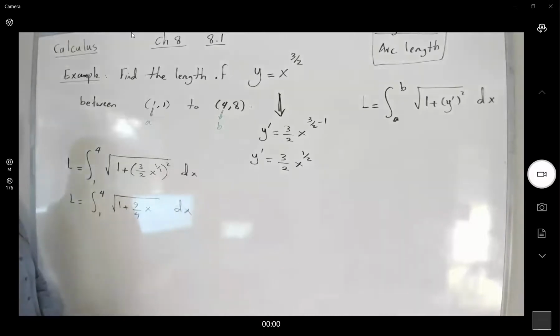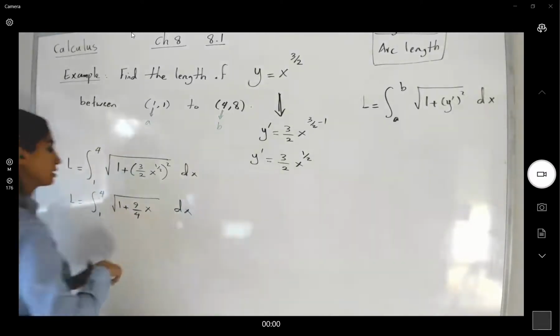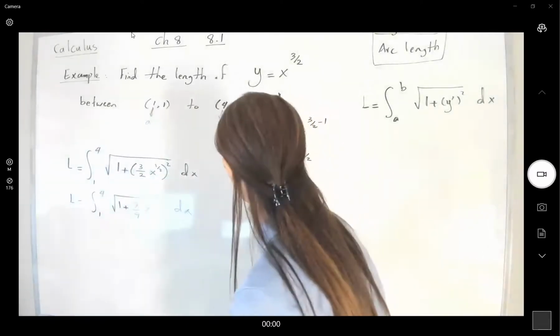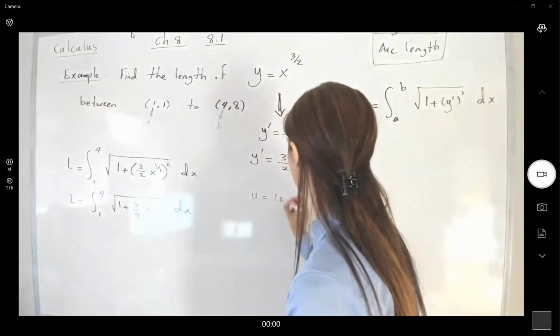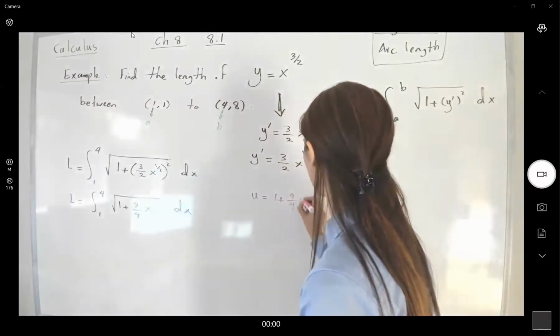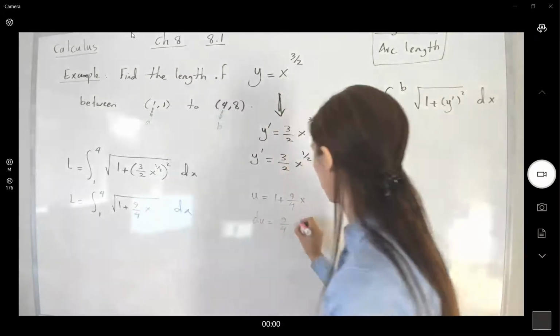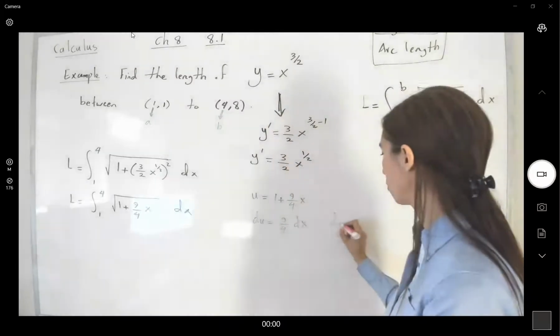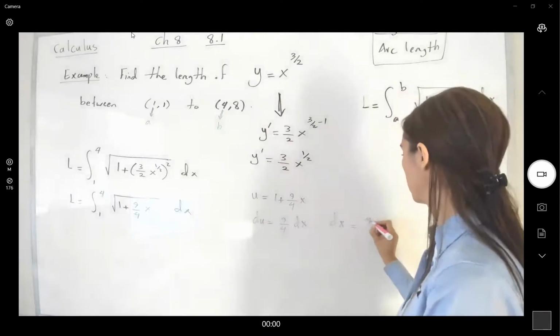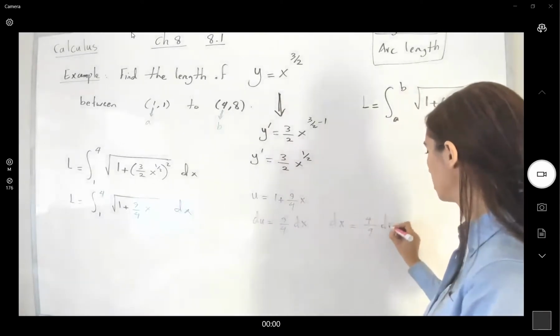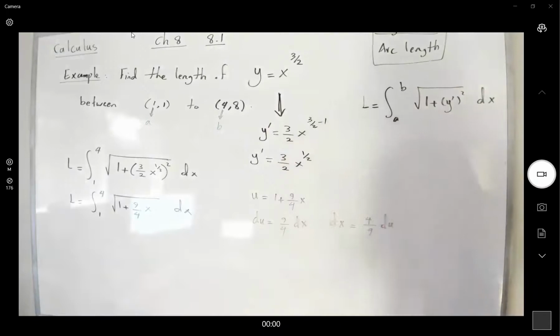This can be calculated easily using u-substitution, like u with the quantity inside the radical, 9 over 4 x. So du is 9/4 dx, or dx is 4 over 9 du.